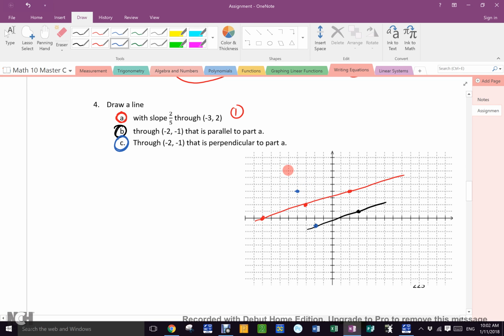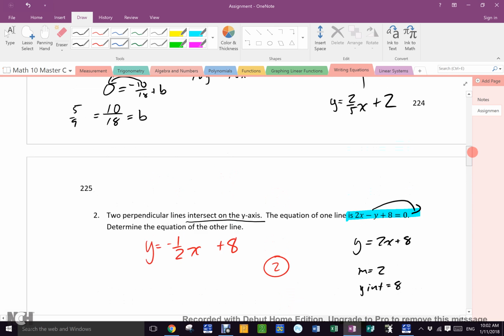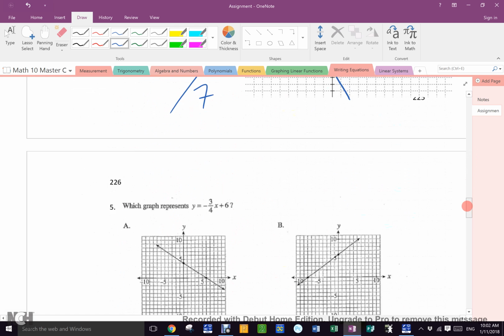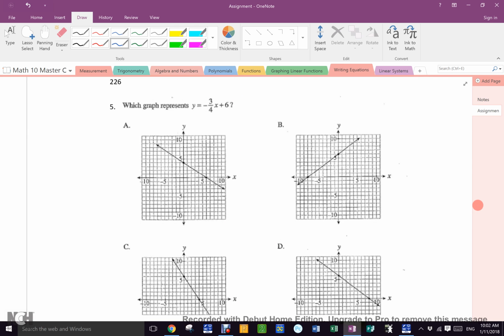Right there, and that's going to go down there. Good, 3 marks. Making that page out of 7, if I'm not mistaken. 2, 4, 3 is 7. Then just multiple choice.